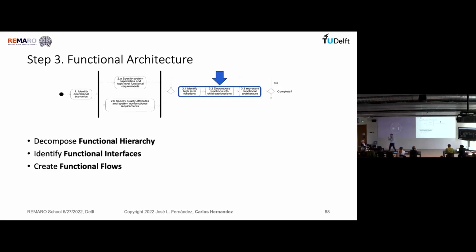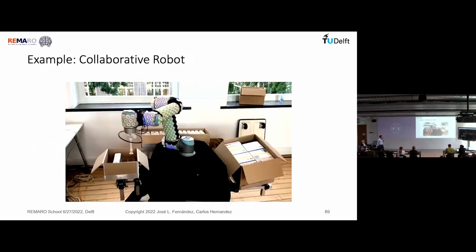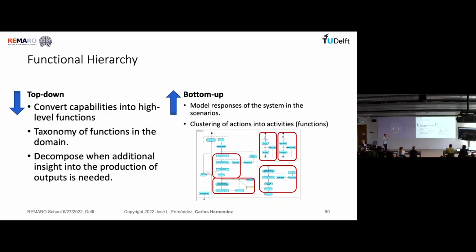These are the three aspects that we need to take into account. We are going back to this example, the collaborative robot, and here is the top-down versus bottom-up approach. I show you for the AUV how you can just look in the literature for what functions your system is supposed to have for that domain.